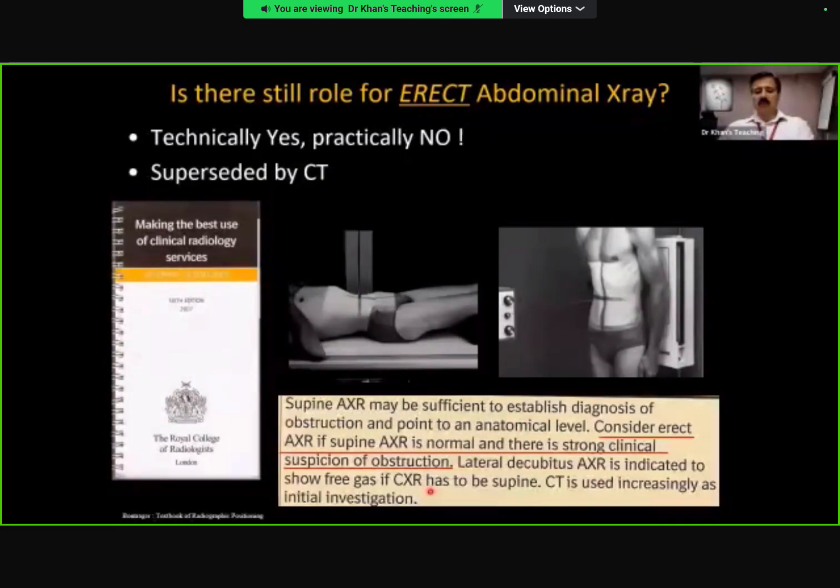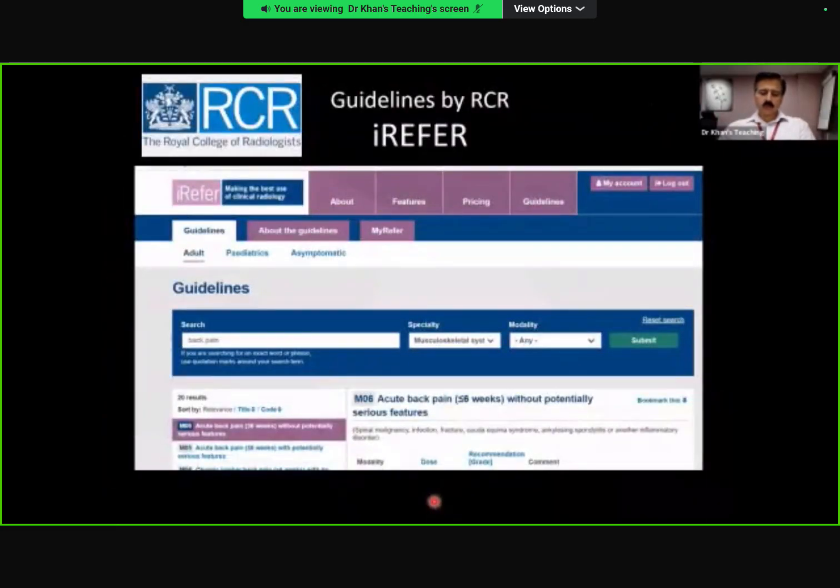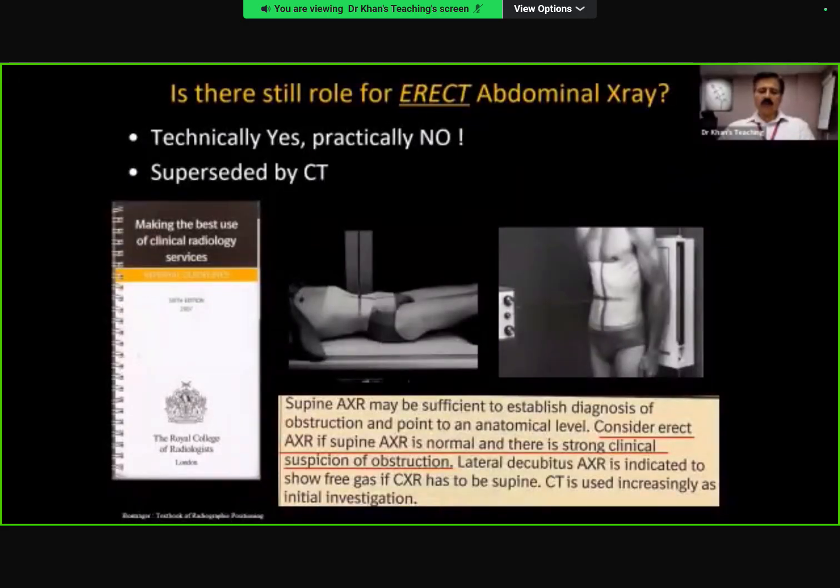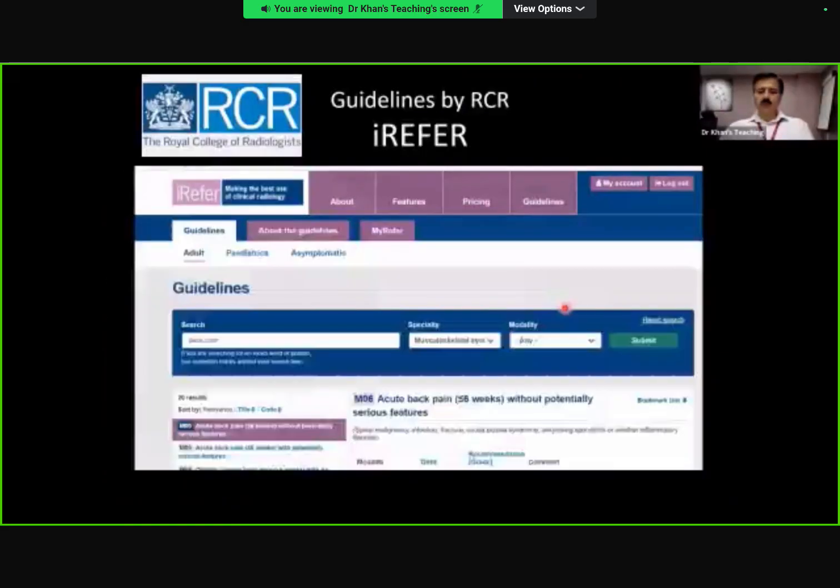What is erect film used for? The main role of erect film is intestinal obstruction, and I will come back to this. I also want to introduce you here to a tool, which is a beautiful tool, iRefer, produced by the RCR.